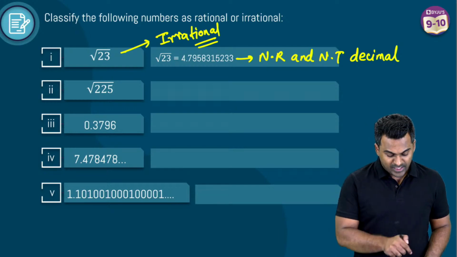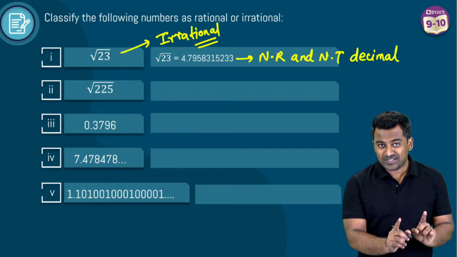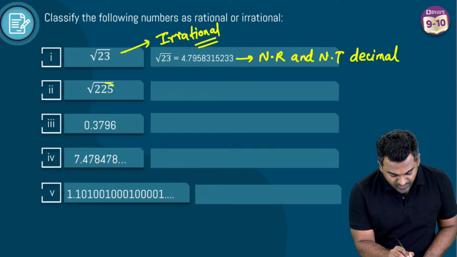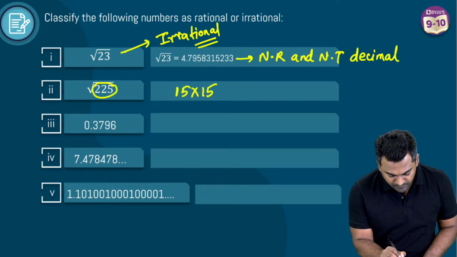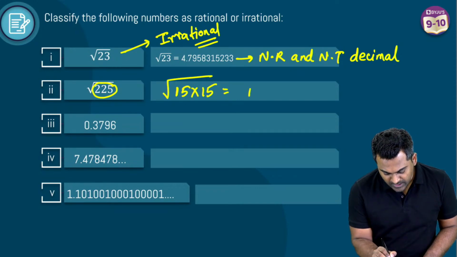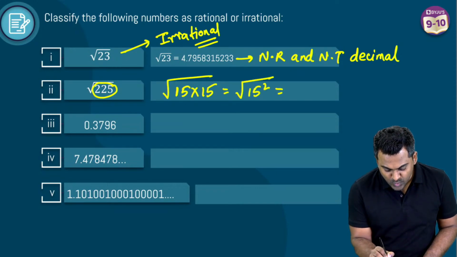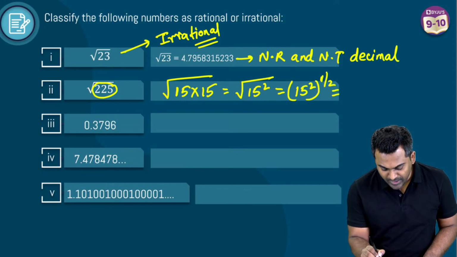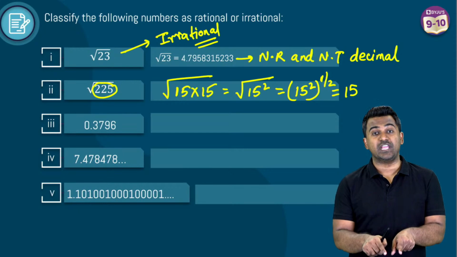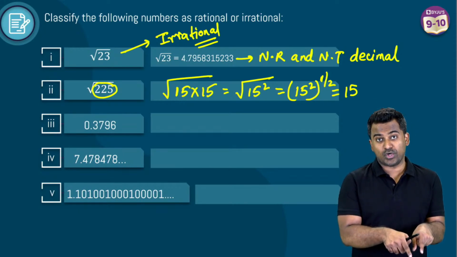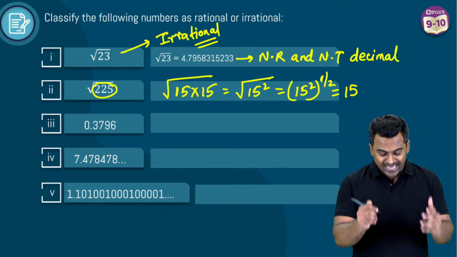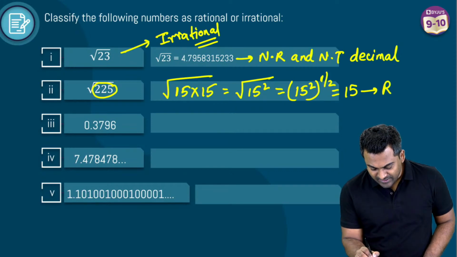Well done. So this is irrational. Square root of 225. Now this is tricky. 225 here can be written like 15 multiplied with 15. So this becomes square root of 15 square, which is nothing but 15 square raised to the power 1 by 2. After simplification you get 15. So even though there's a square root, it still simplifies to a rational number.